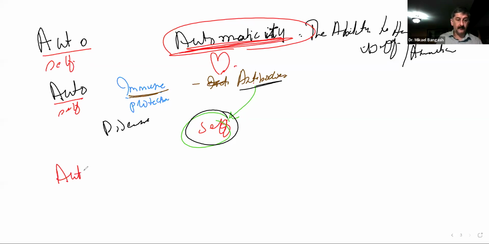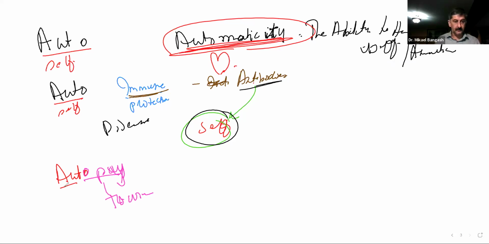And of course, then we had this auto, which has not really much to do with itself. Opsy means to view. And here it says auto.